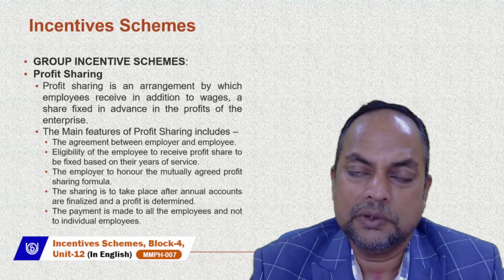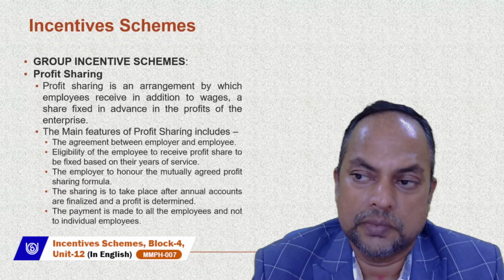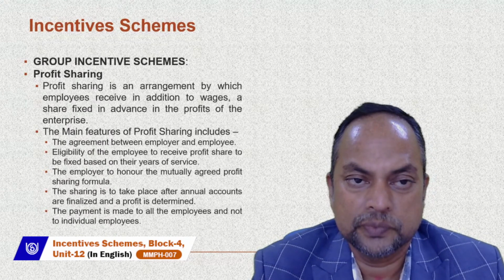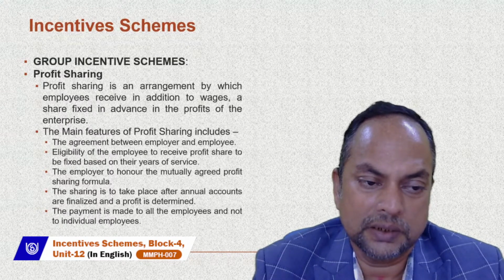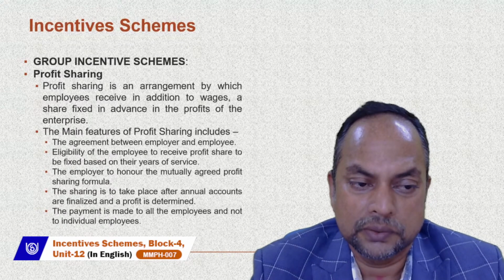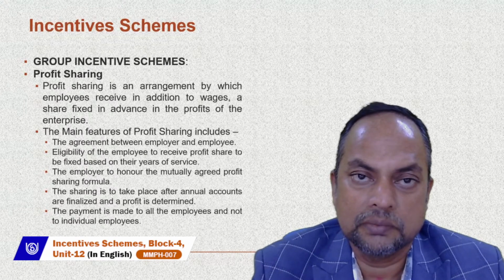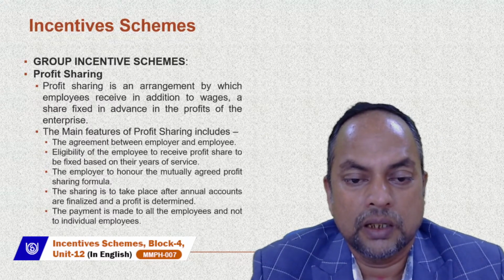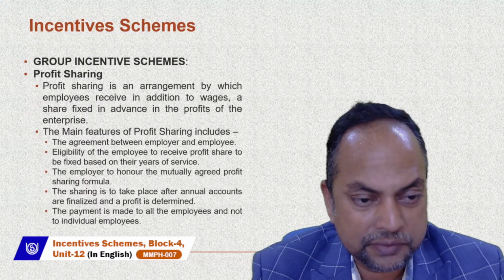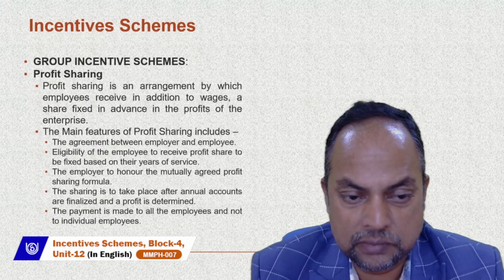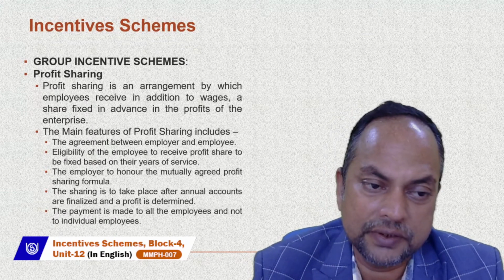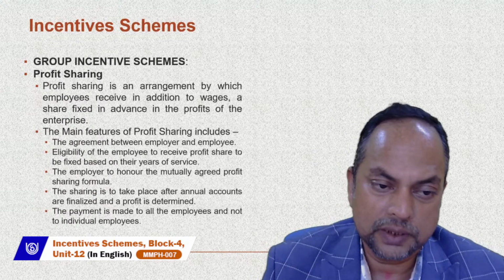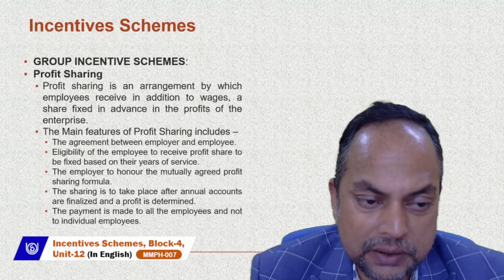That means what? Sometimes the schemes which have been formulated are formulated in confined courtrooms, right? And they're not being communicated. So the employers must honor the profit sharing formula itself. Even sometimes if the employees are aggrieved, they can also go to the court of law for the settlement of their demands.